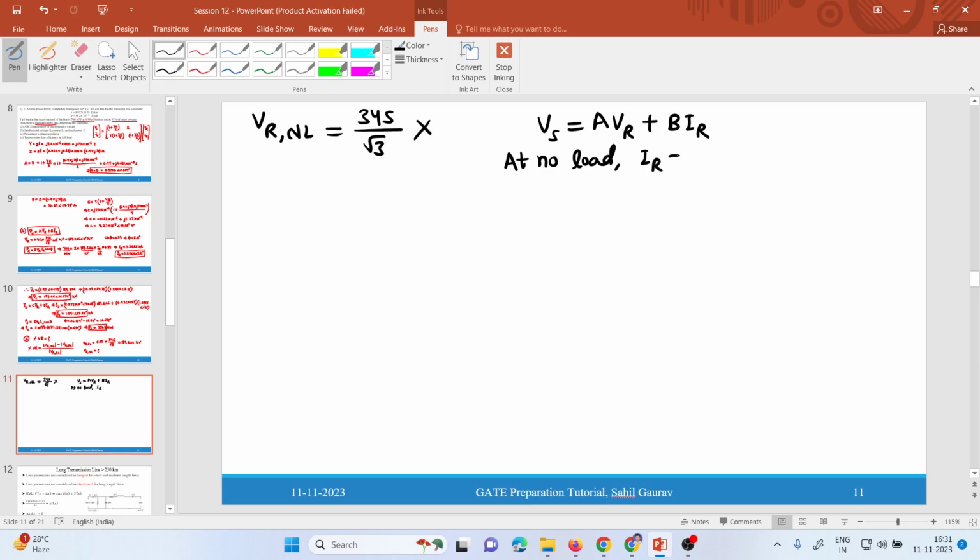At no load, IR is equal to 0. So Vs no load is equal to A into VR no load. So VR no load is Vs no load divided by A.